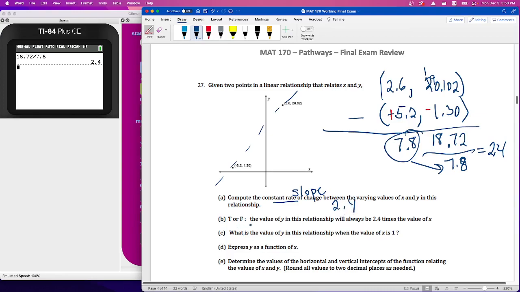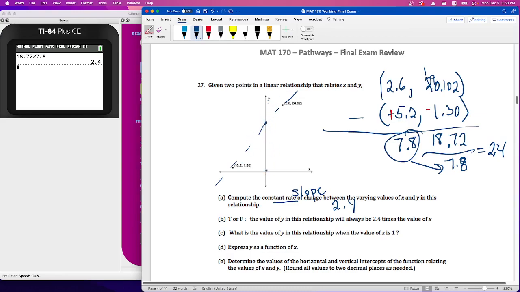2.4. True or false, the value of y in this relationship will always be 2.4 times the value of x. Now, what they're getting at is, do x and y change proportionally? Well, remember, if it started at 0, 0, then they would. But because it doesn't start at 0, 0, here's our y-intercept, it's some other place.